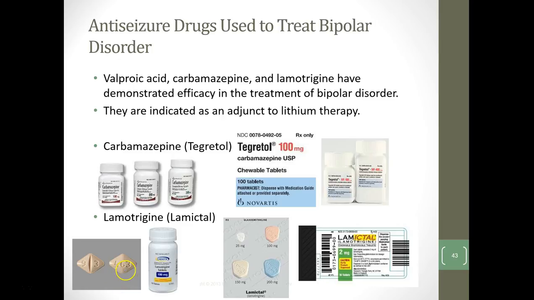So here's a generic lamotrigine bottle, and over here are the brand name tablets, Lamictal. You see they have a different kind of shape, and they're each a different color. And then this is a label, and you see here an example of tall man lettering, lamoTRIgine.